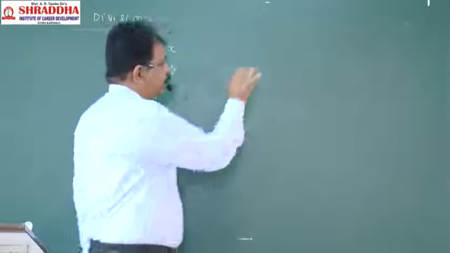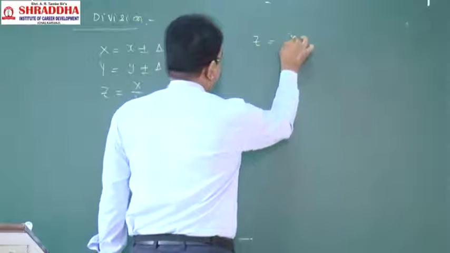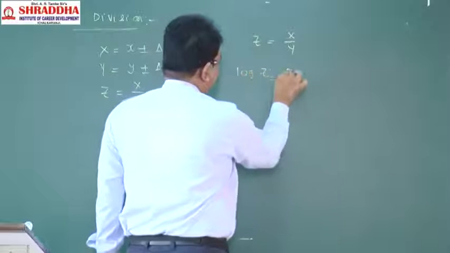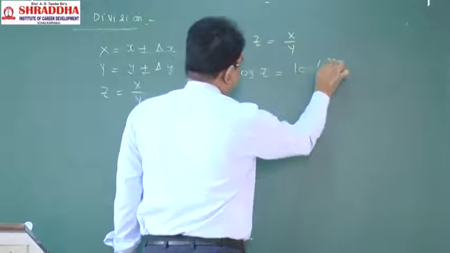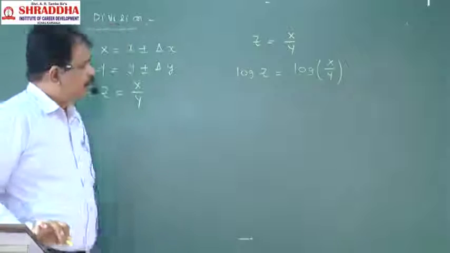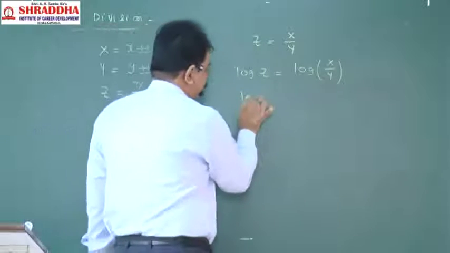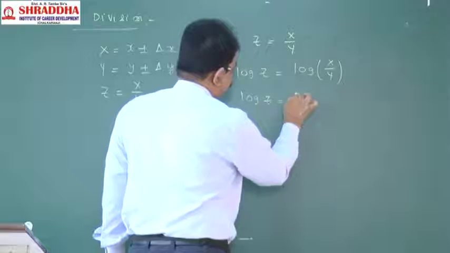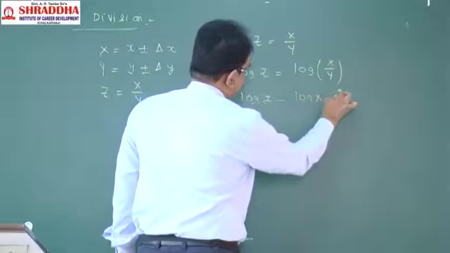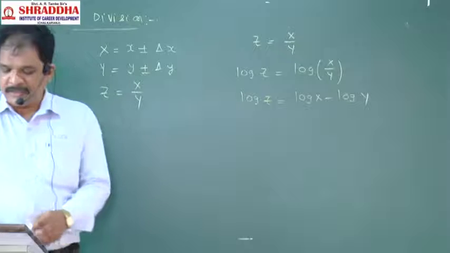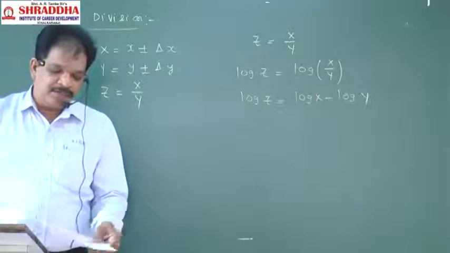See, z is equal to x by y. Take logarithm on both sides. This will be log of x by y. Then log z is equal to log x minus log y.